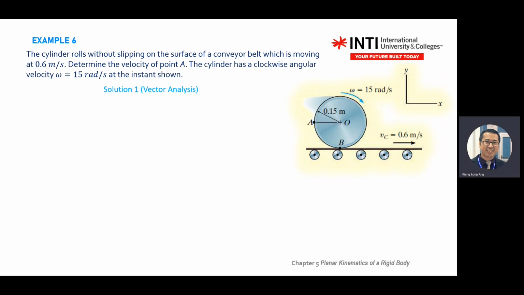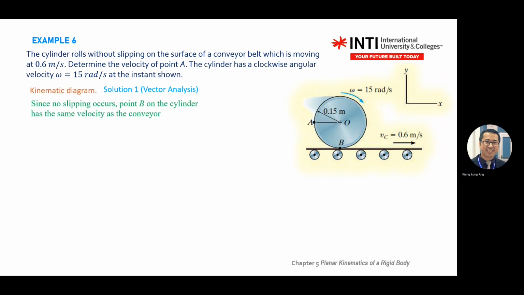Then what does omega 15 radian per second tell you? This body is moving, so it cannot be zero. Zero means do not move. It does not tell you starting from rest. There's no statement saying starting from rest.